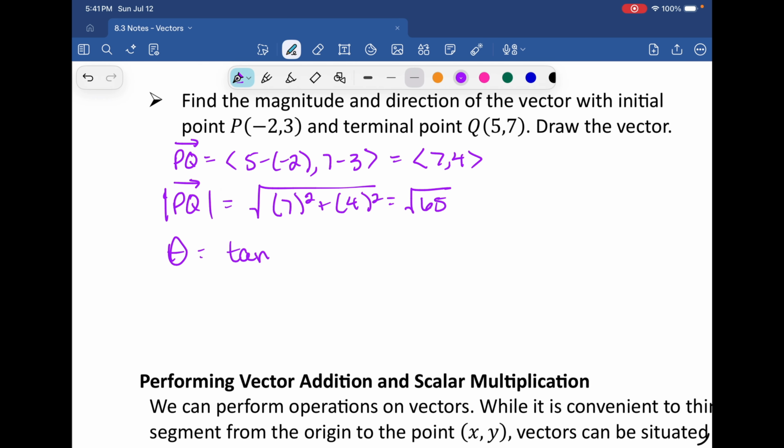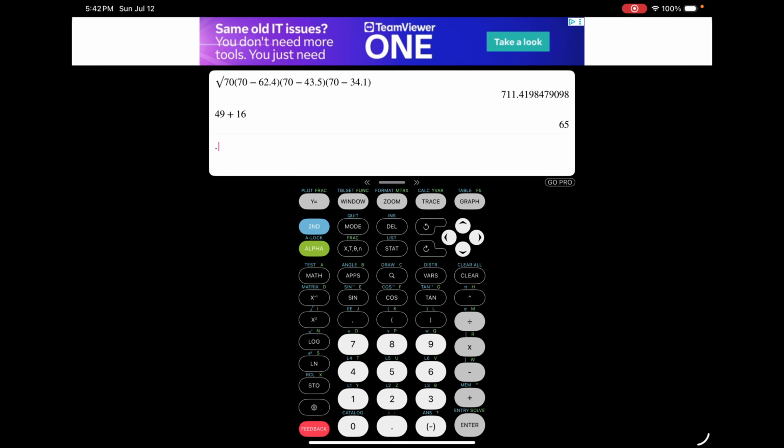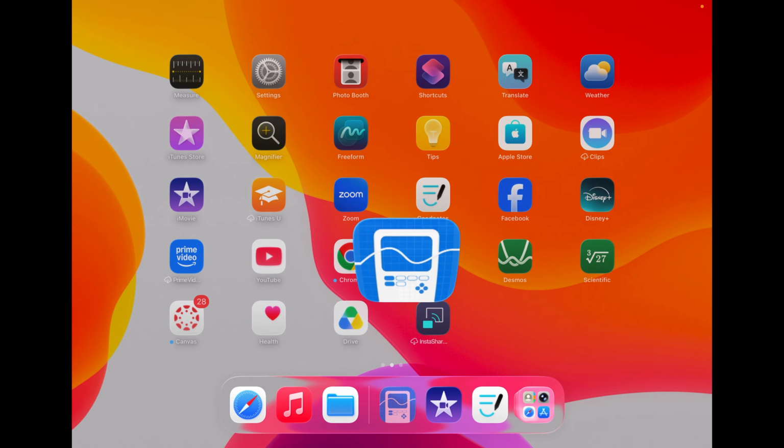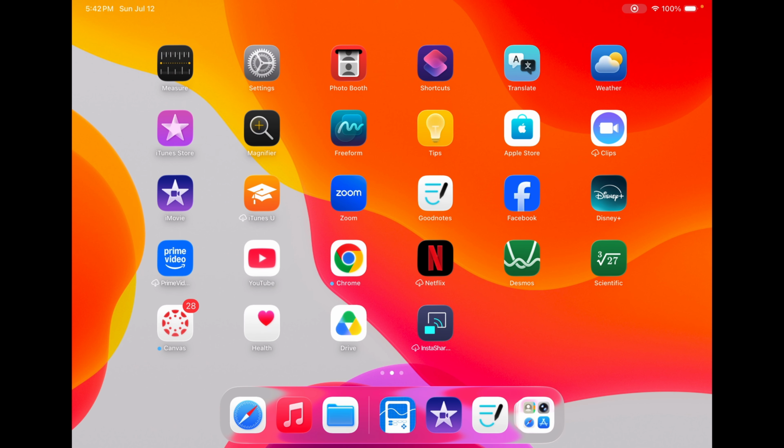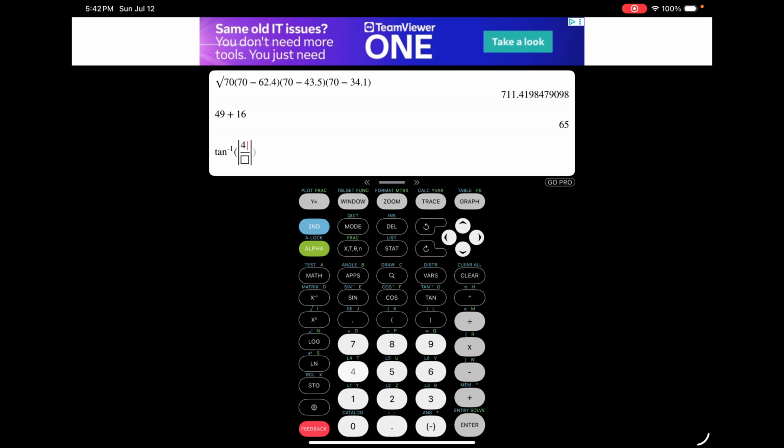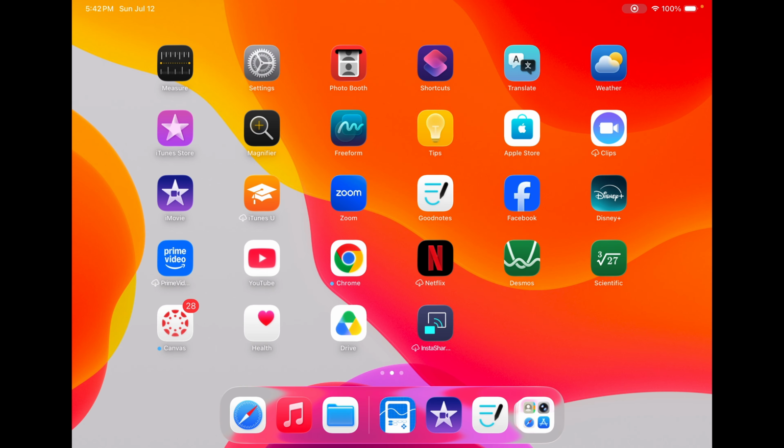Inverse tangent, absolute value, b over a. We're going to do that in degrees. Was it 4 over 7 or 7 over 4? 4 over 7. It's 29.745 degrees.